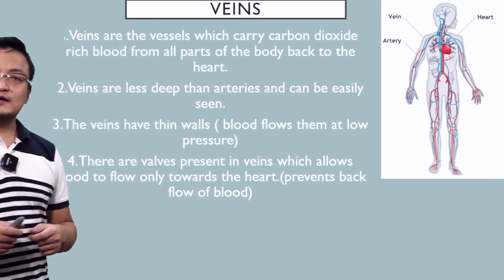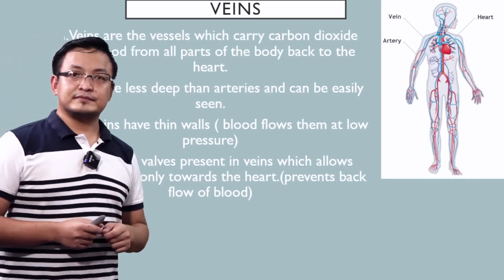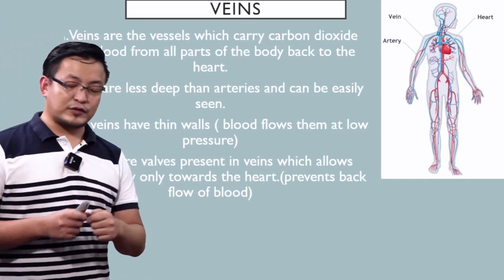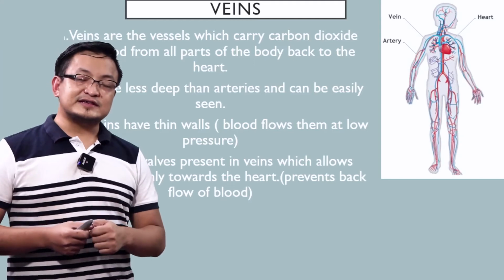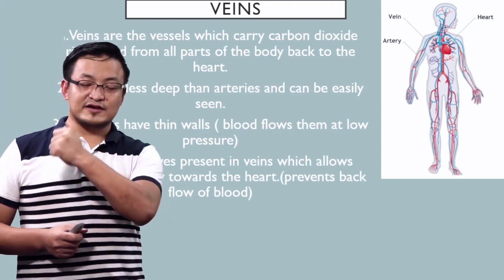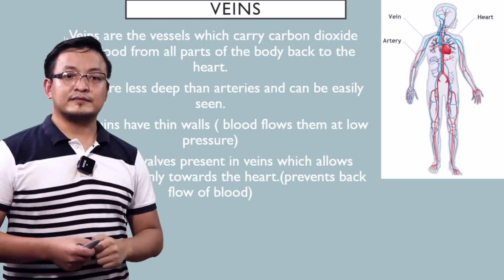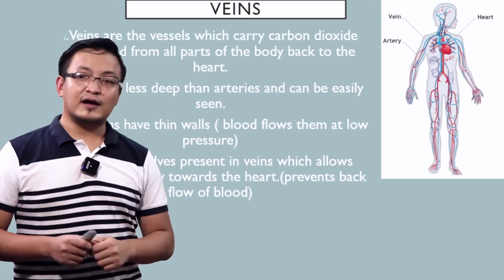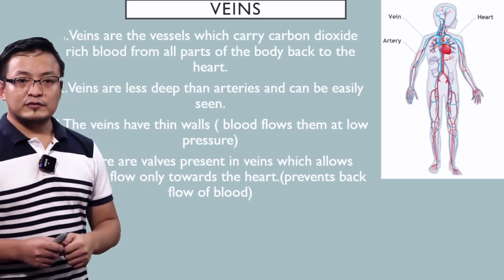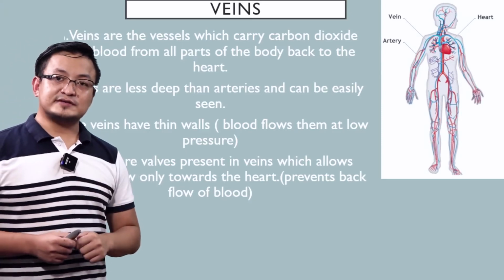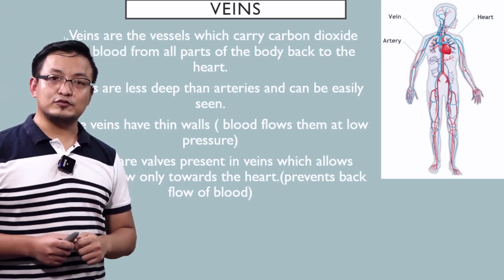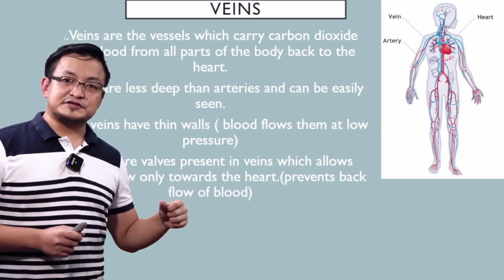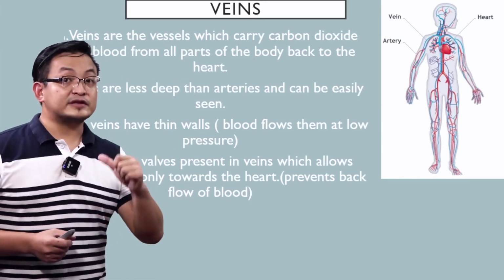Now, veins are less deep than arteries. That's why they can be easily seen. So veins are visible, right? They are easily seen, unlike the arteries. Now they have thin walls. In the arteries, we studied that they have thick walls, right?